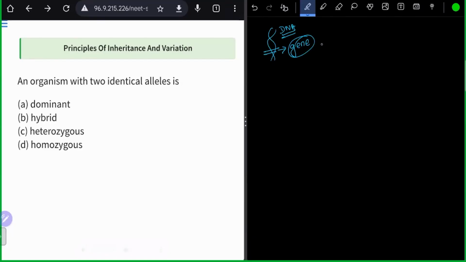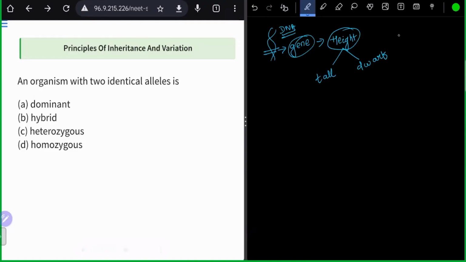Let us take the phenotype of height. Height is the gene, and the variations are that it can be tall or it can be dwarf. For each gene there can be multiple variations, and these variations are known as alleles.